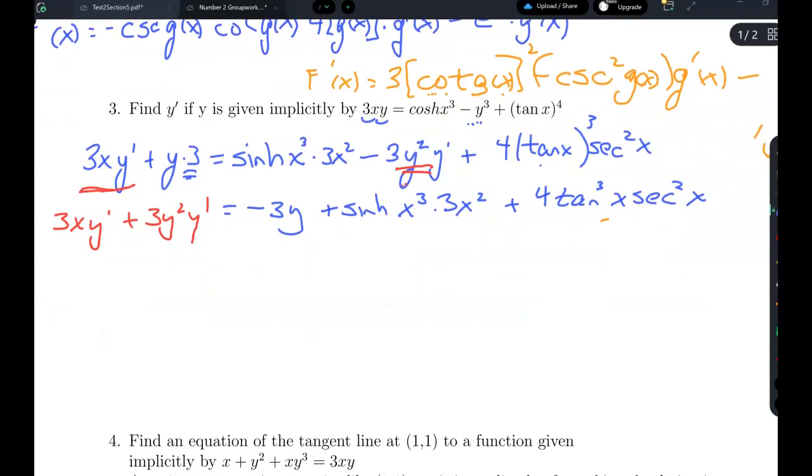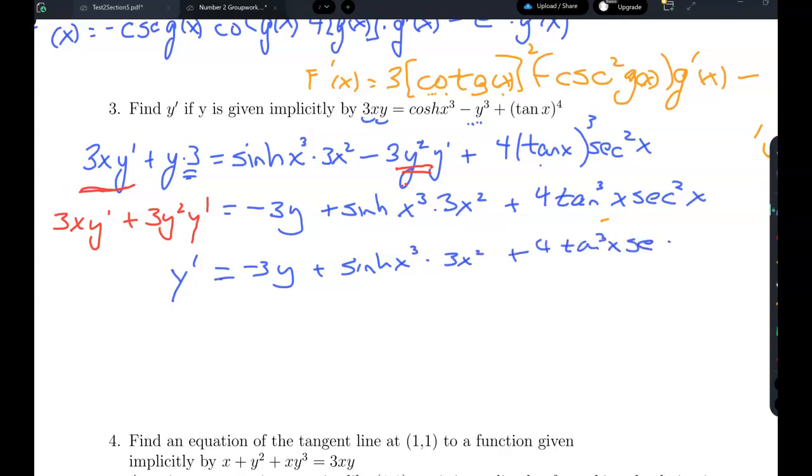So now I'm going to do 2 things at once. I'm going to factor out the y prime out of these 2. I'm just going to rewrite this. Plus 4 tangent cubed x secant squared x, and I'm going to divide by, oops, that's a tangent. When I factored out the y prime, I've already got a 3x plus a 3y squared.